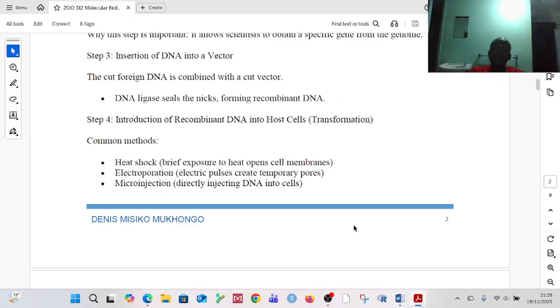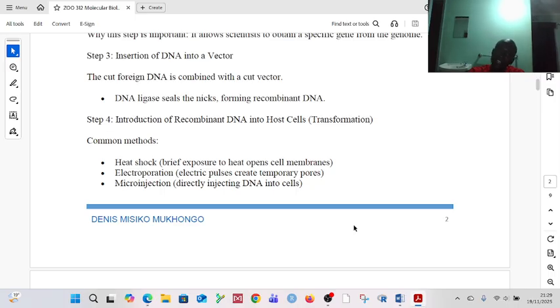Then hopefully, once the cell membrane has been opened by the heat shock, you take your host cell together with the vector which now has your gene of interest, then you subject the host cell to some brief exposure of heat. The thing is, hiyo heat ambayo inakuwa exposed to the host cell should help ifungue or create a hole on the cell membrane.